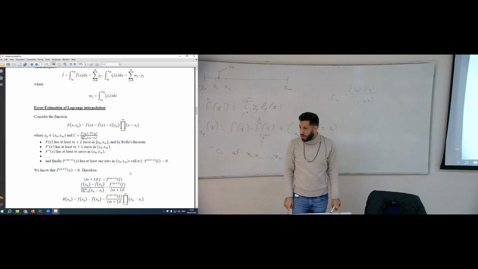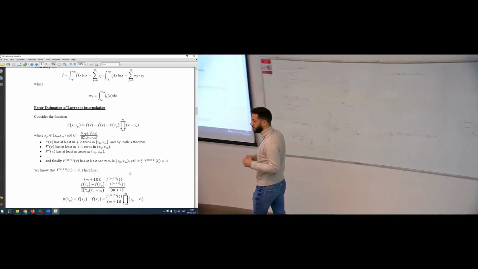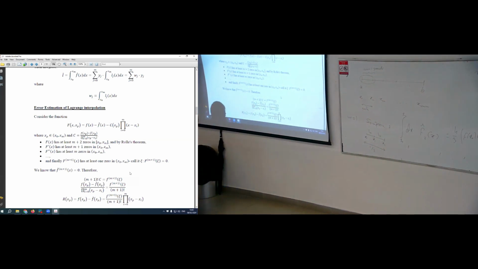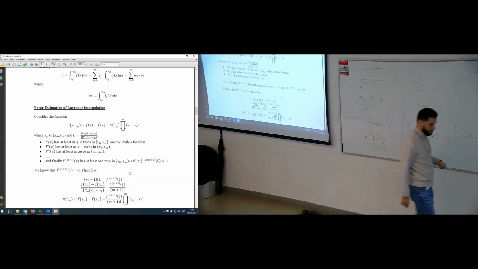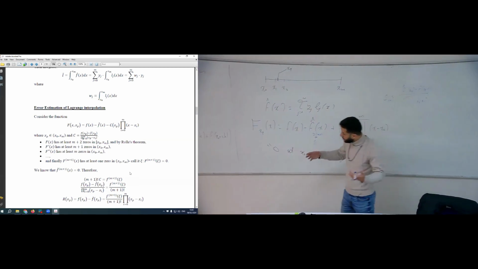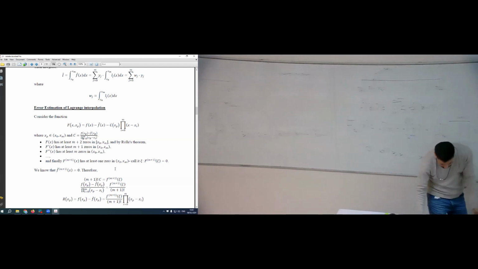Any questions? So now, we talked about Lagrange interpolation, but for the first time you get the error of that interpolation. And now I will try to find the error of the integral.